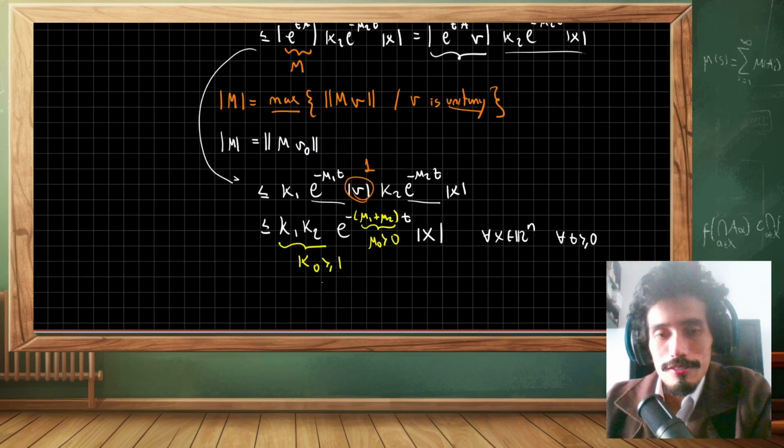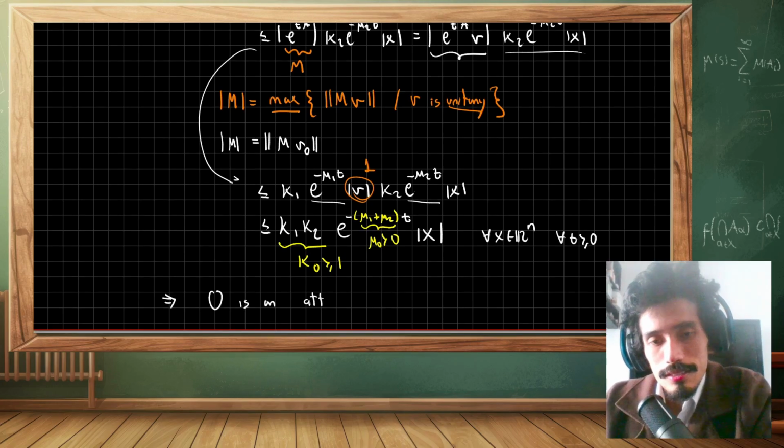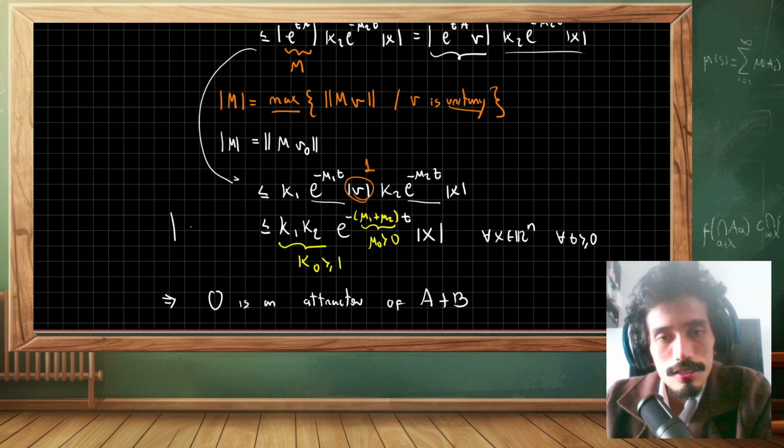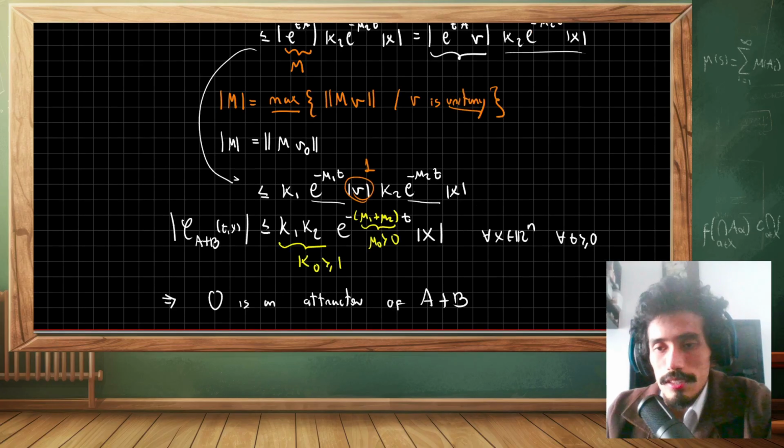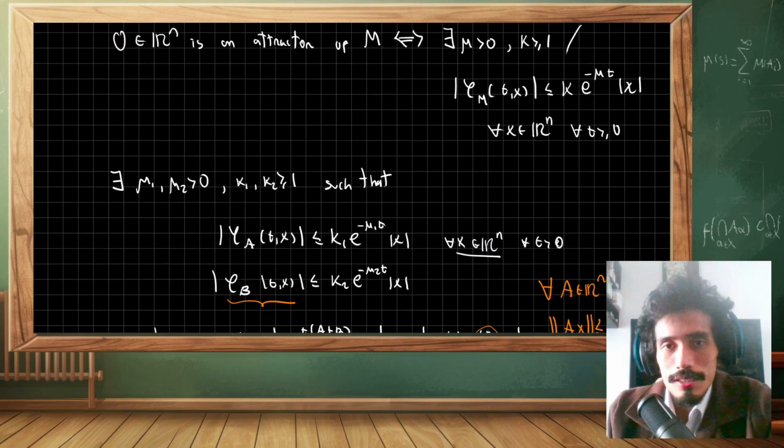So by definition, this implies that the origin is an attractor of A plus B, because this is more or equal than the flux of this. So this is the proof of part A.